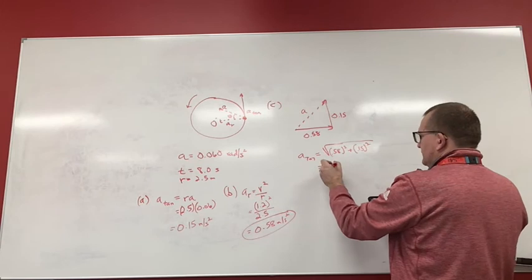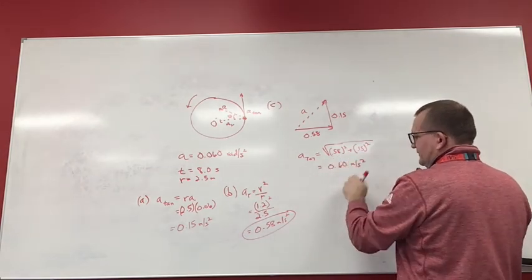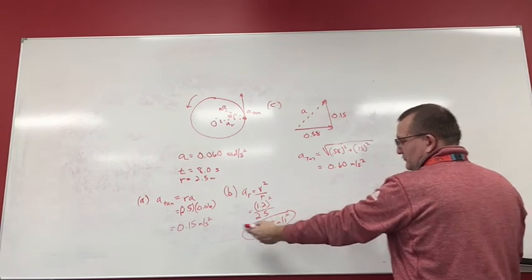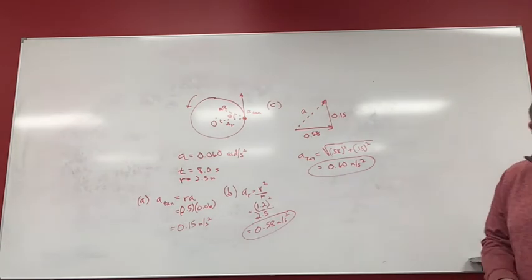And I get 0.60 meters per second squared, which is pretty close to the centripetal because that number is so much bigger than the tangential. So my actual acceleration is 0.60.